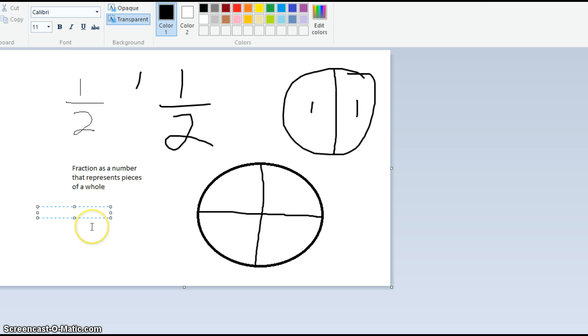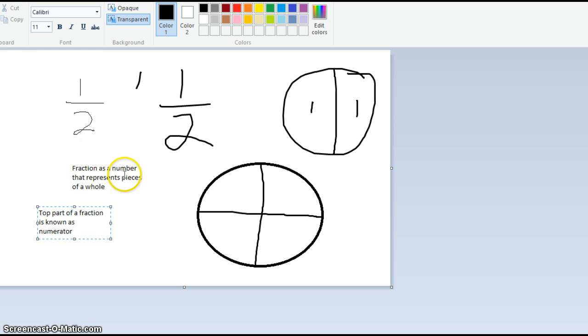Well, the way that we do that is through some basic verbiage. If I say that I have a fraction, the top part of the fraction is known as the numerator. Okay?